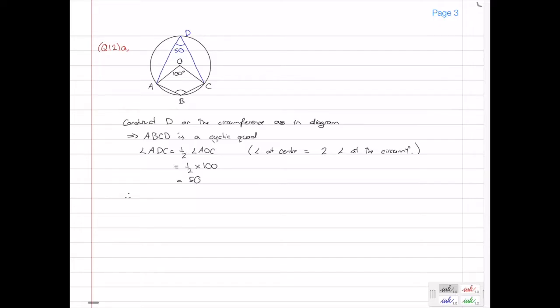So therefore, angle ABC equals 180 minus angle ADC, opposite angles in cyclic quad. You could probably also say add to 180 degrees. So that means it's equal to 180 minus 50, which is 130. And that's your final answer.